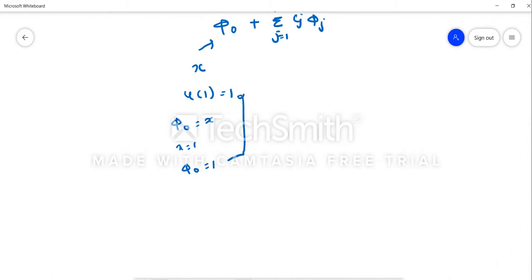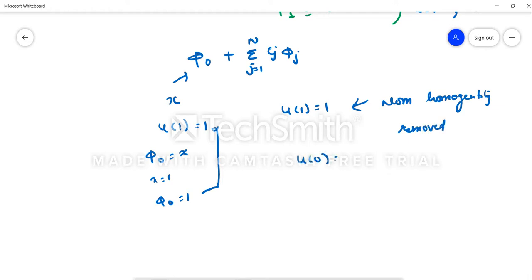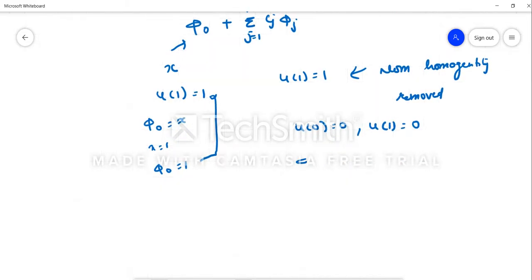Okay, if this non-homogeneity is removed, then our condition will become this. For solving this, we will take a function phi i which equals x(1 minus x).